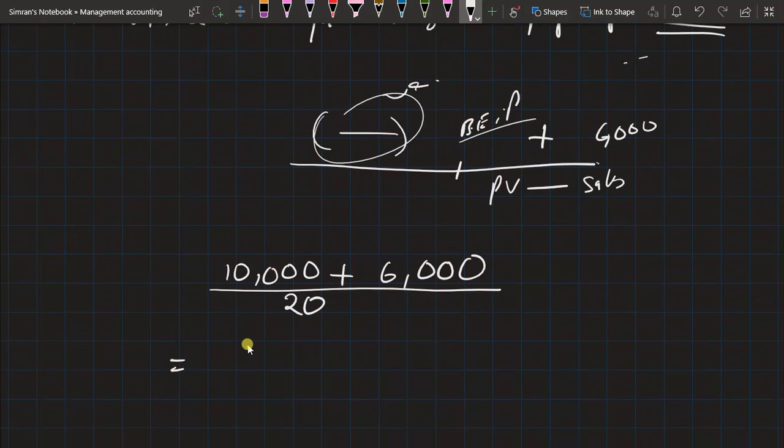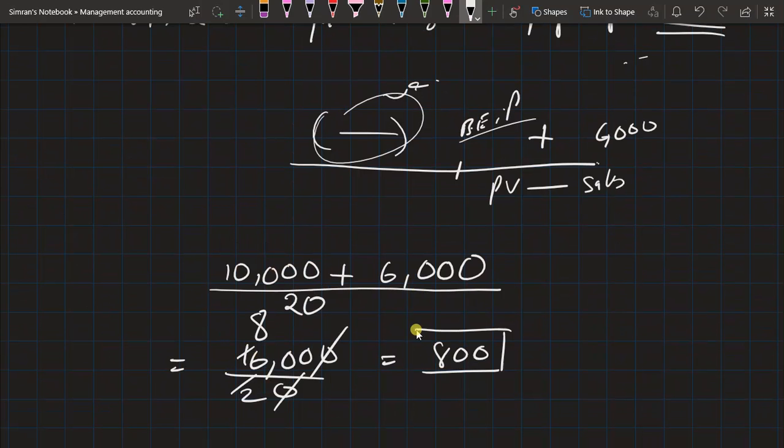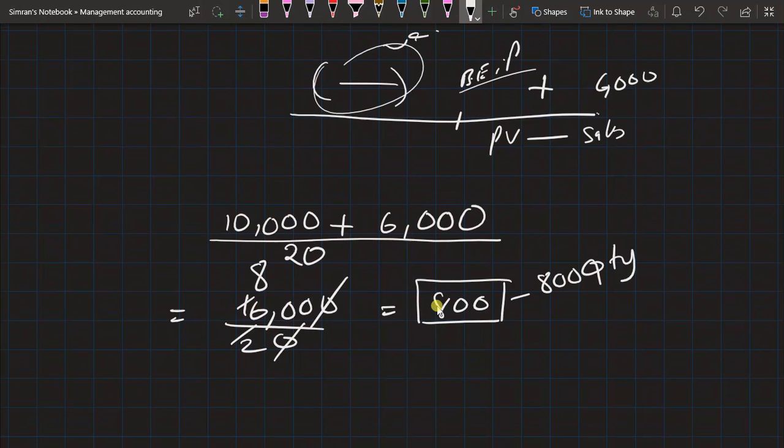So we need to sell 800 quantities, and if we multiply 800 by 80 in terms of sales, 800 into 80, it is 64, so basically 64000. So we need to make a sales of rupees 64000 in order to get a profit of rupees 6000.